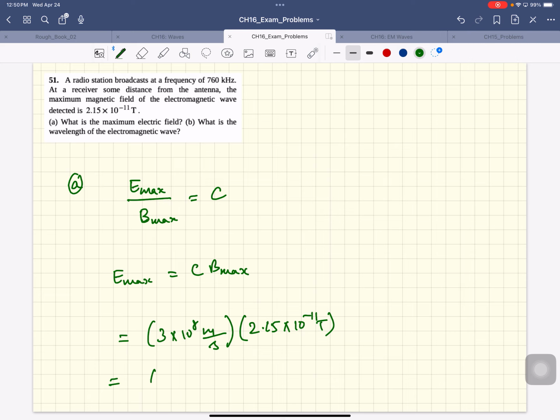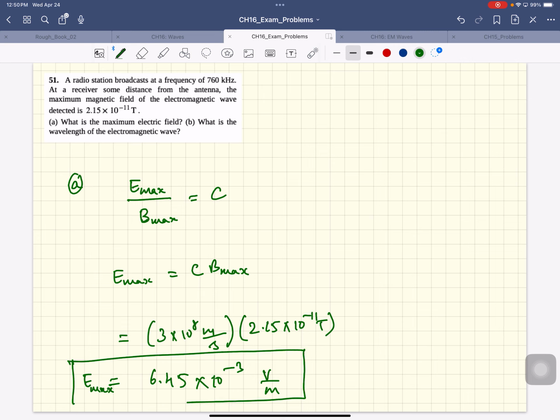So E max is 6.45 times 10 to the minus 3, and electric fields are volts per meter. So millivolts per meter.